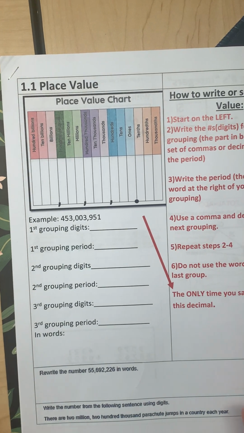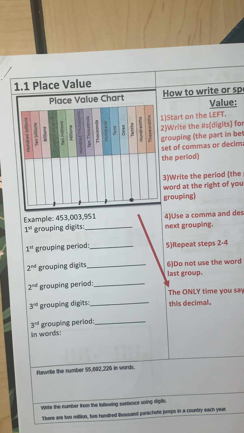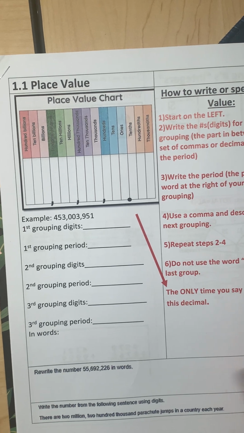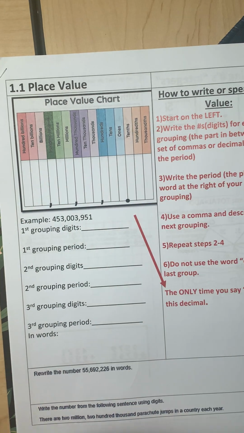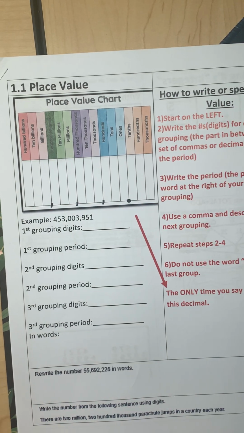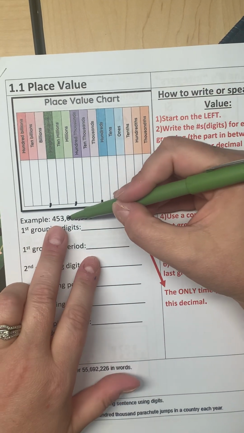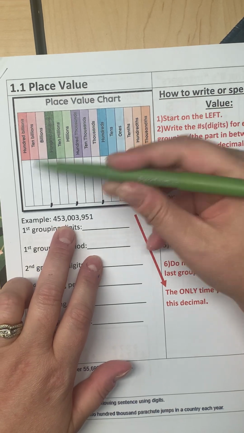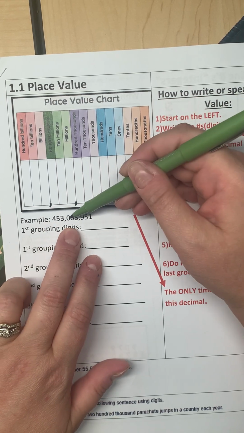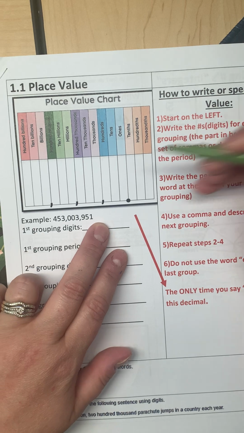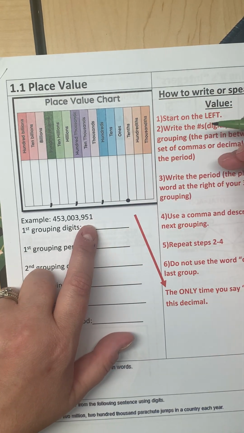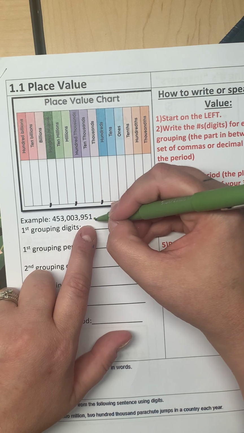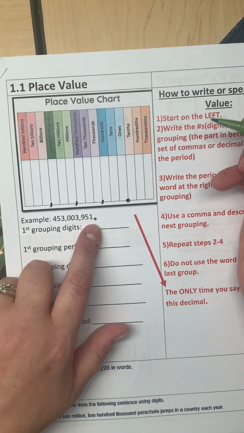This is 1.1 and it starts out with place value. Here's a little place value chart, and let's go ahead and fill it in with this number right down below. It says example: 453,003,951. Okay, so the 1 is going to go to the left of the decimal because there's a pretend decimal right after this 1.